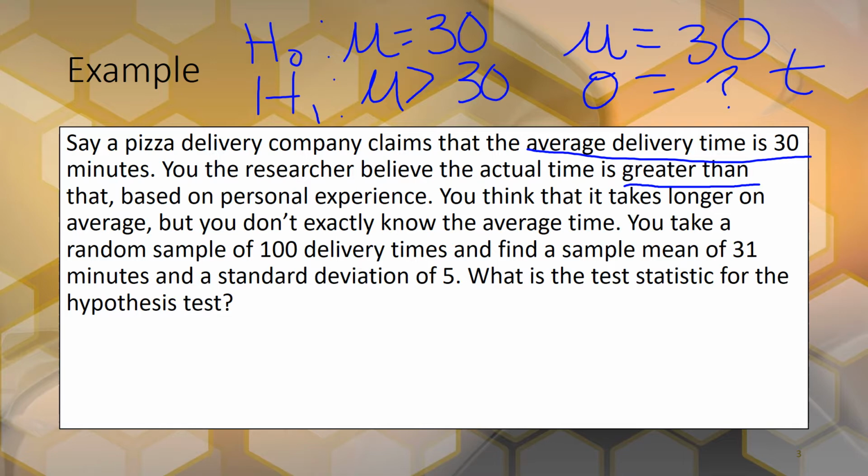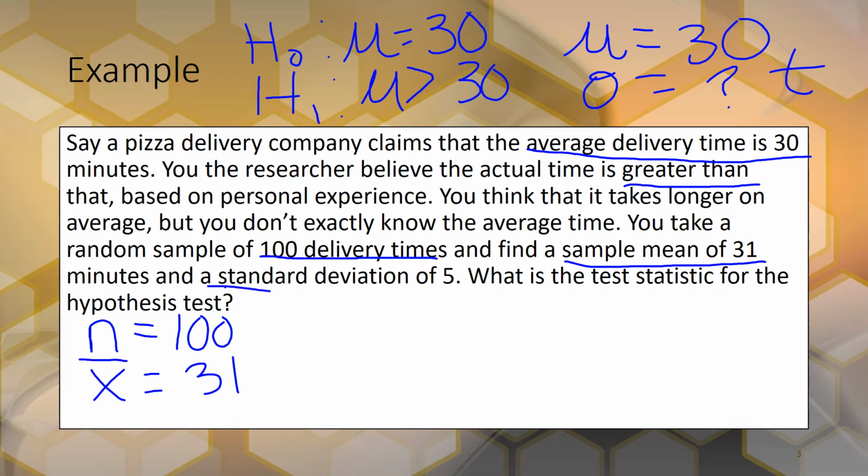So let's keep reading. You take a random sample of 100 delivery times. So that's going to be our sample size. That's how many observations we have. And you find a sample mean of 31. So that's x-bar.